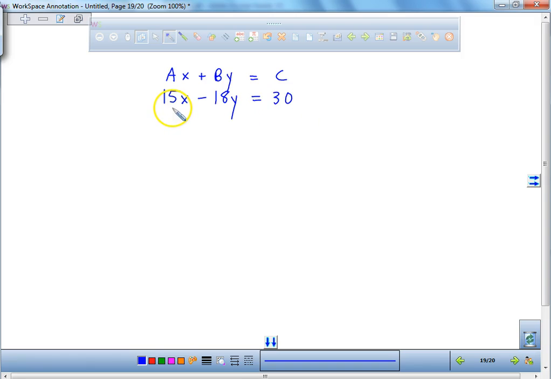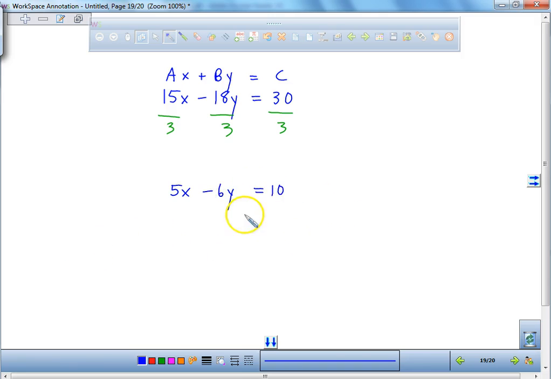Is the a value greater than or equal to 0? Yes. But is there a greatest common factor that you could divide into 15, 18, and 30? What could we divide everything by to simplify it? Divide everything by 3. So guys, this is now in standard form: 5x minus 6y equals 10.